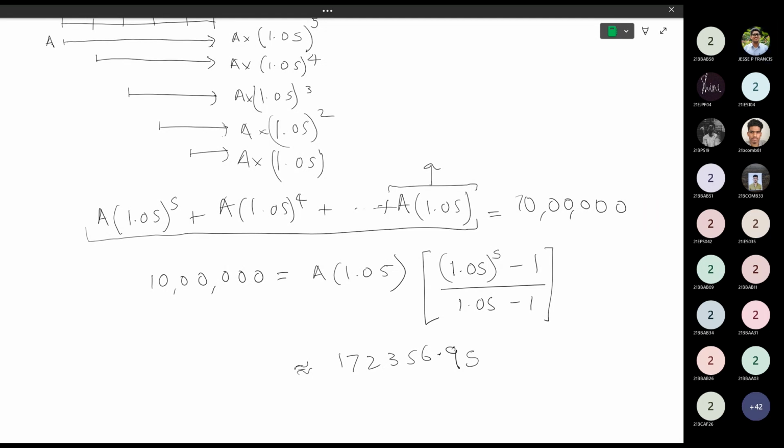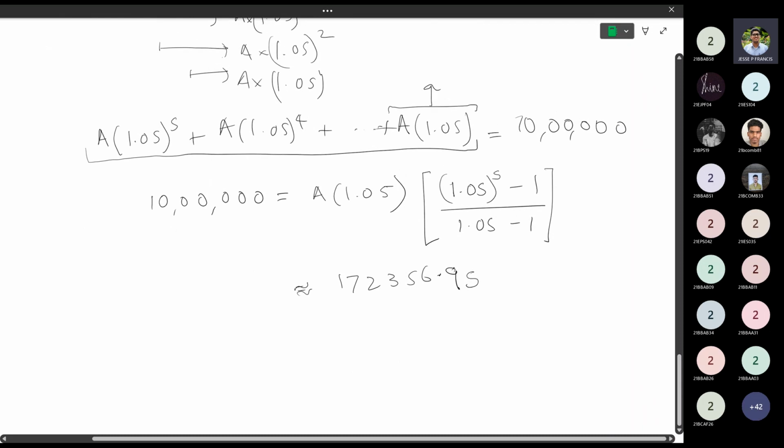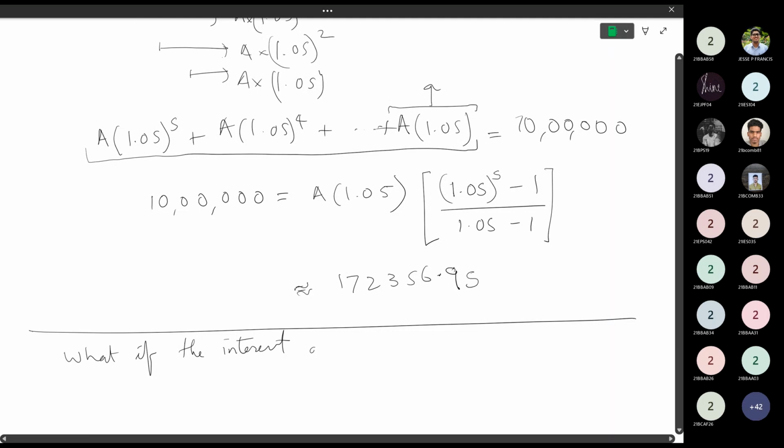Now, next prevalent question, next interesting question was, here it was 5%, right? What if the interest was 5% compounded biannually?